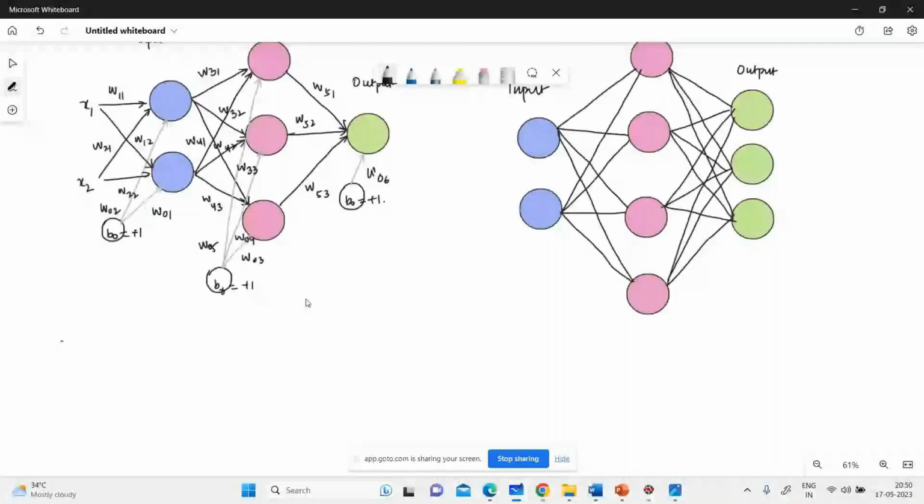First thing, we cannot be sure how many neurons there will be in the first layer and hidden layers, but we are 100% sure how many neurons there will be in the output layer. The number of neurons in the output layer will always be fixed, and that is one.